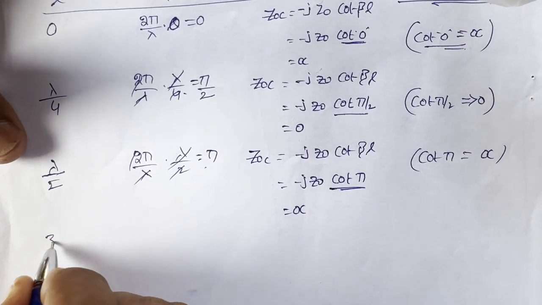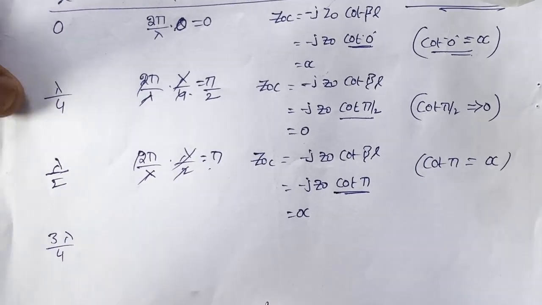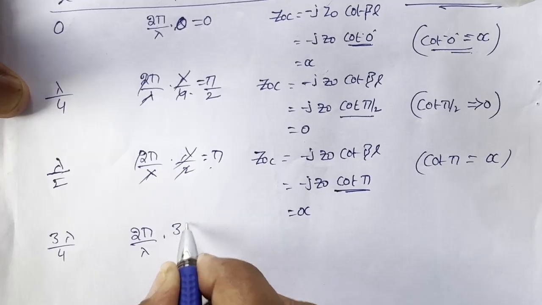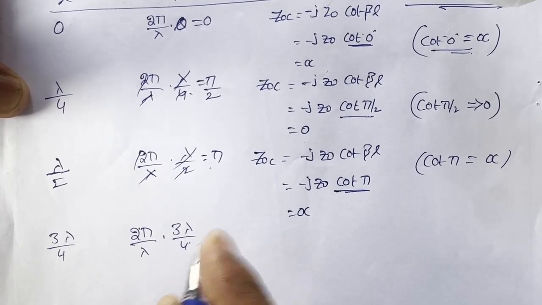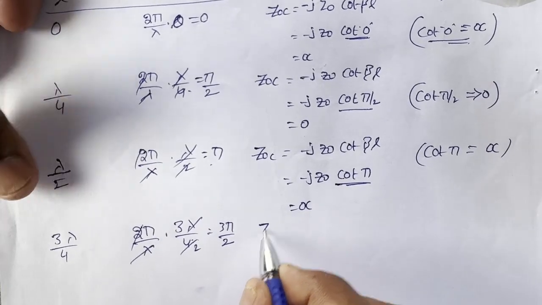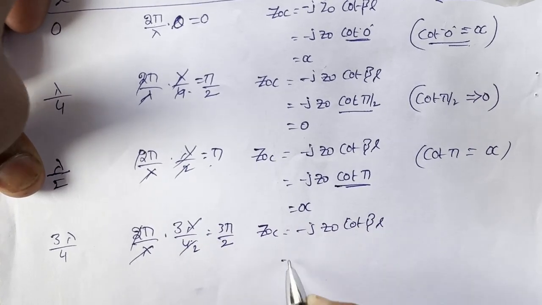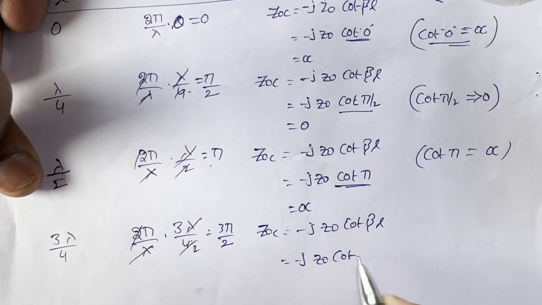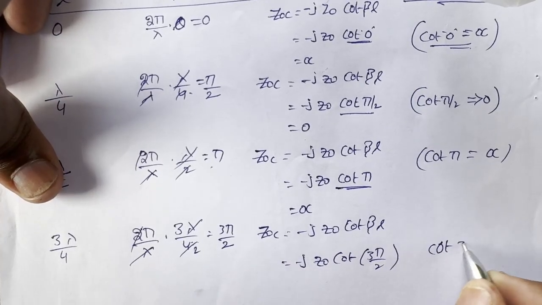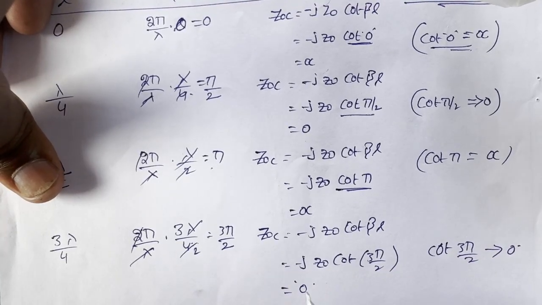Again, when the length of the transmission line is 3 lambda by 4, beta L is 2 pi by lambda into 3 lambda by 4, that is 3 pi by 2. Then ZOC equals minus j Z0 cot 3 pi by 2, and cot 3 pi by 2 is 0, so this value becomes 0.